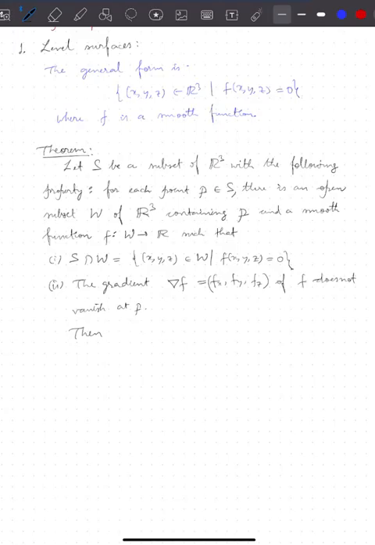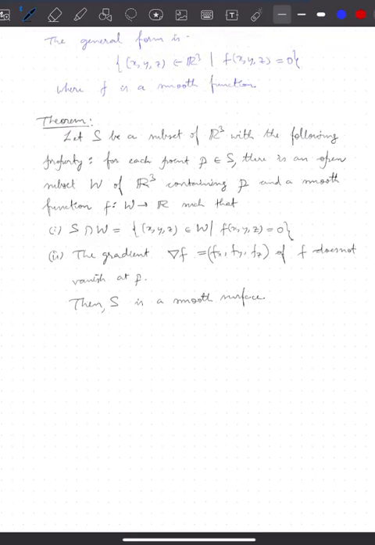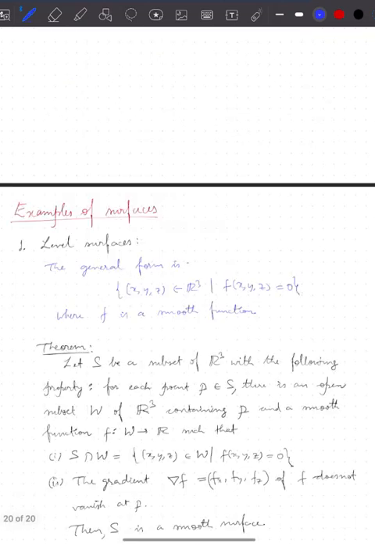Then S is a smooth surface. Right? An example for this is when we describe a sphere.